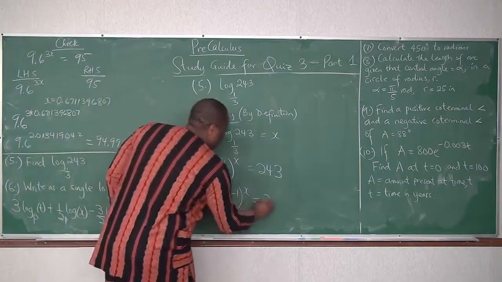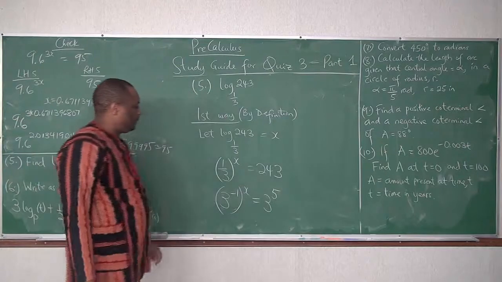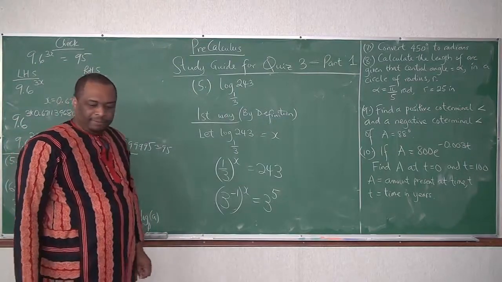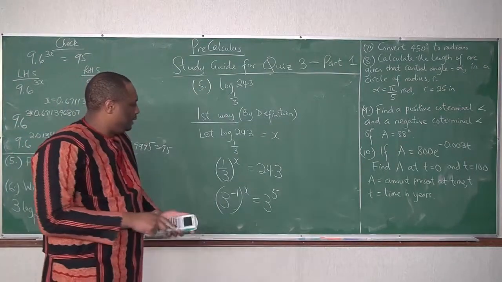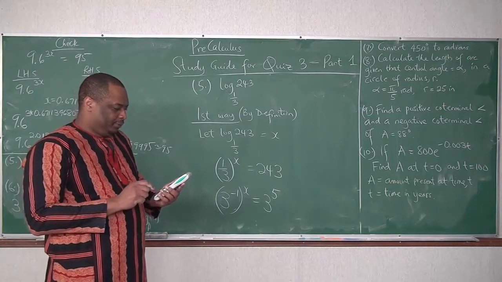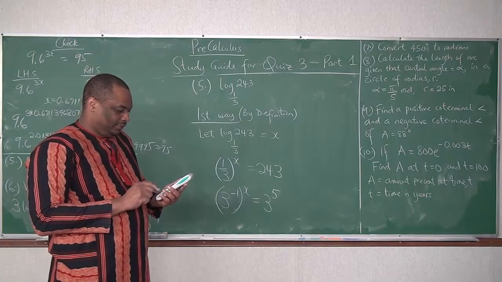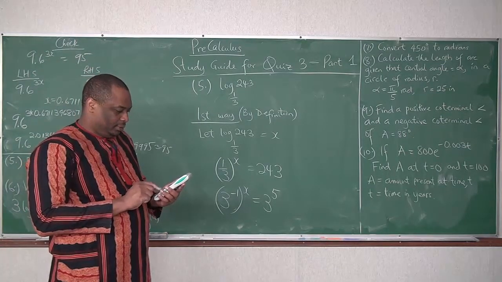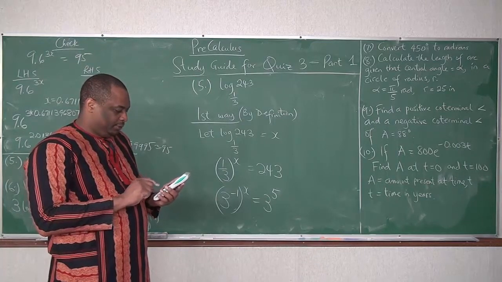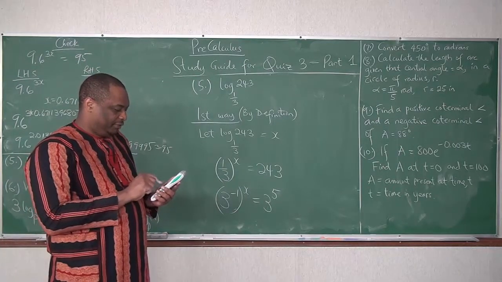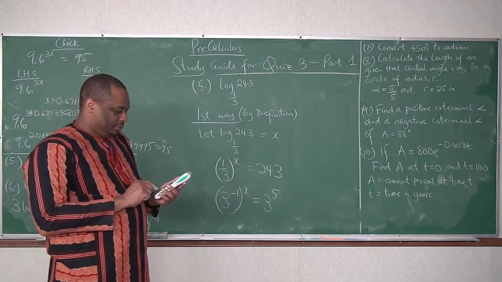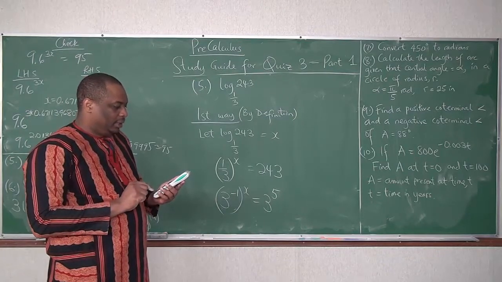So 3 raised to power 5. Or we can take the fifth root of 243 and see what it gives us. Fifth root of 243, yeah, it gives us 3.